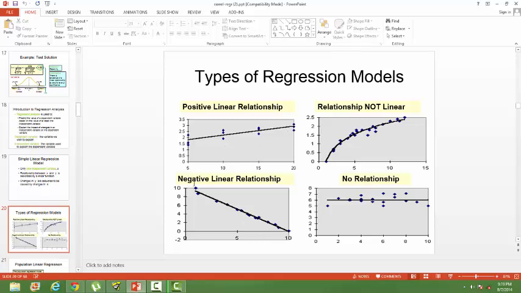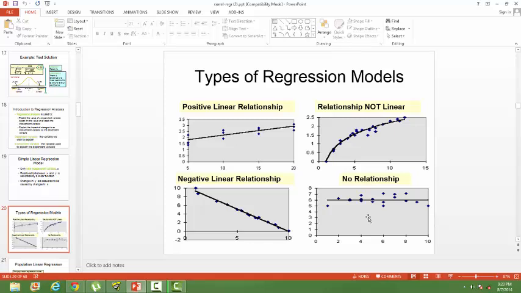Our straight line could be upward sloping, or it could be downward sloping as well. In this case, you have a negative linear relationship, right? And when your data points are all parallel to the x-axis, you can have a very straightforward regression line.